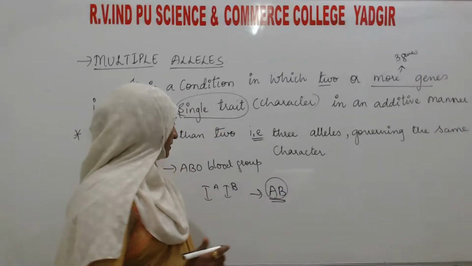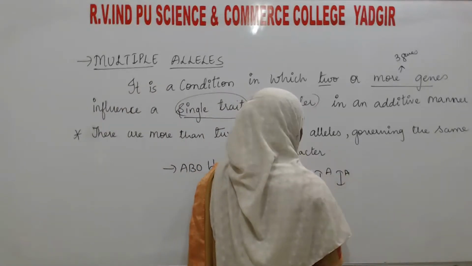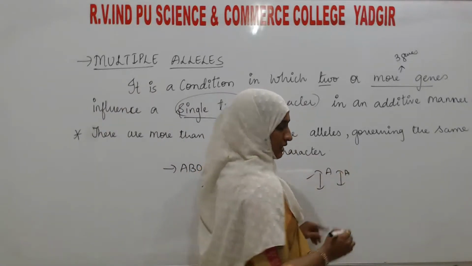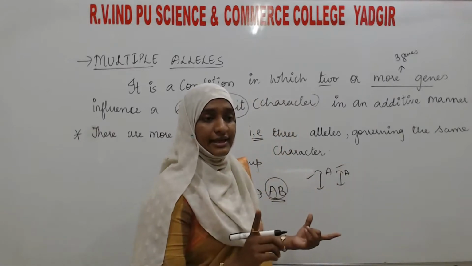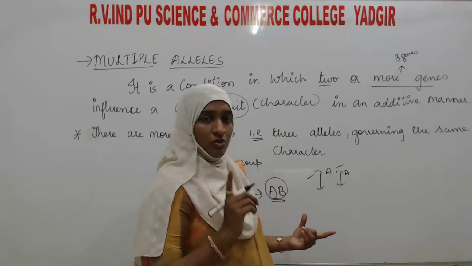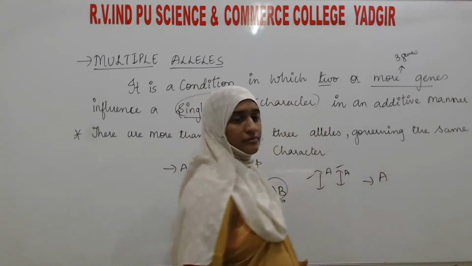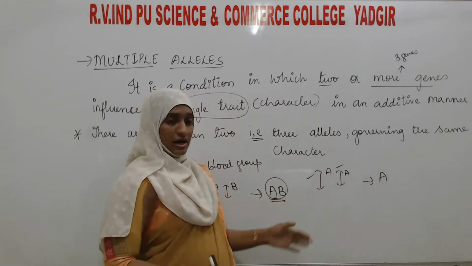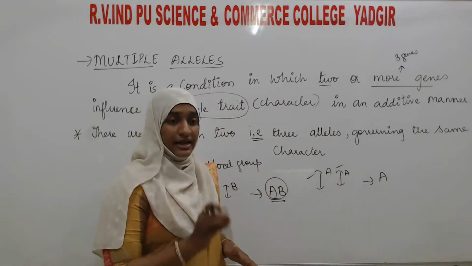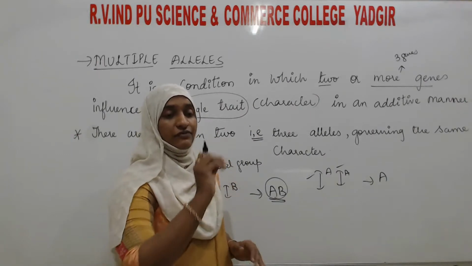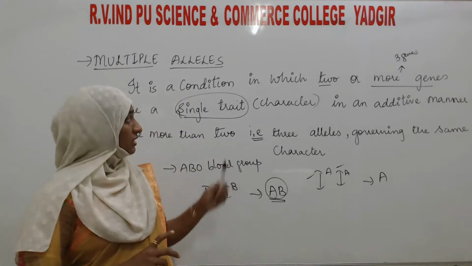One more example: IA is one allele, and this is the second allele. They both are meant for a single character, that is the A blood group. Both are present in an additive manner, and those alleles are associated with a single character.